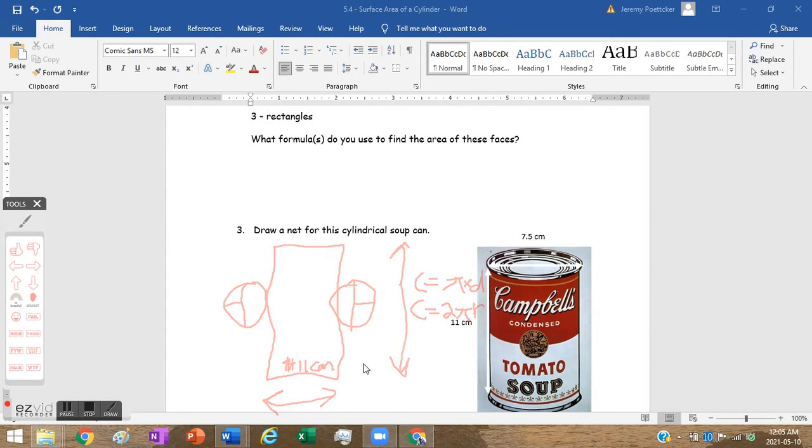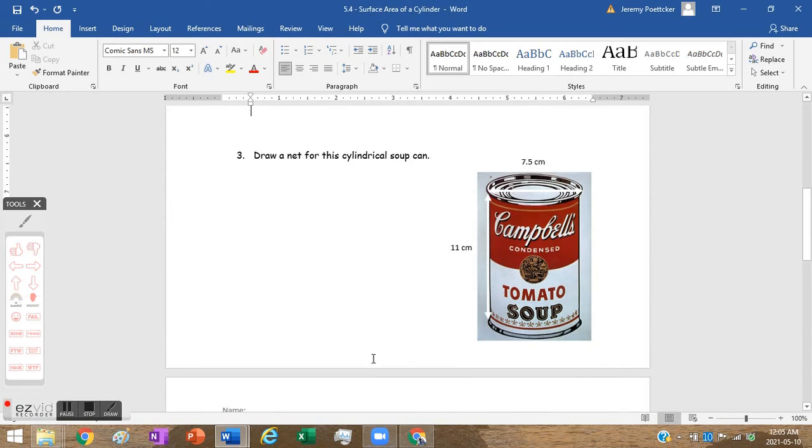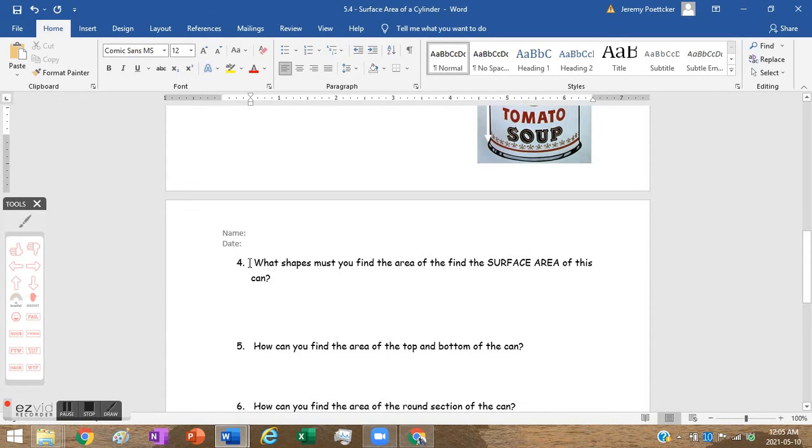All right, so let's take a look here. What shapes must you find the area of to find the surface area of the can? 2 circles. And 1 rectangle.